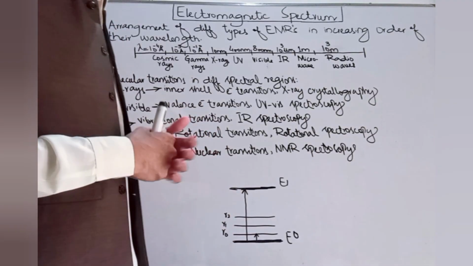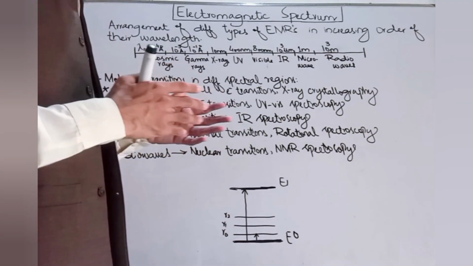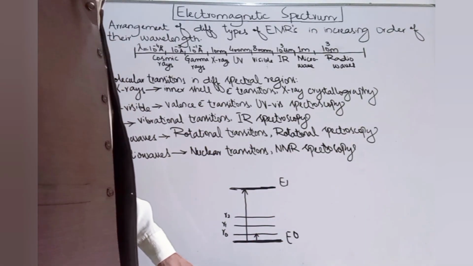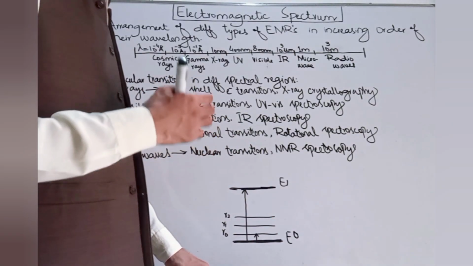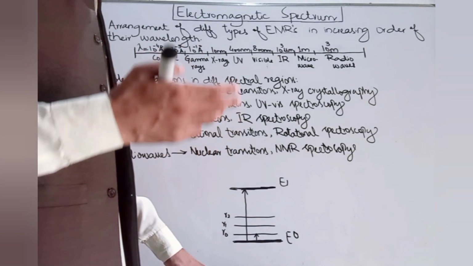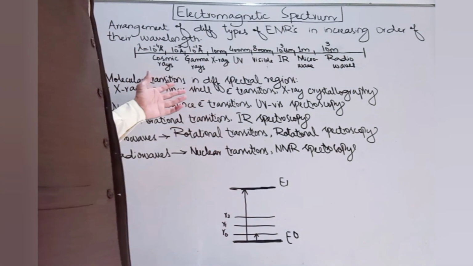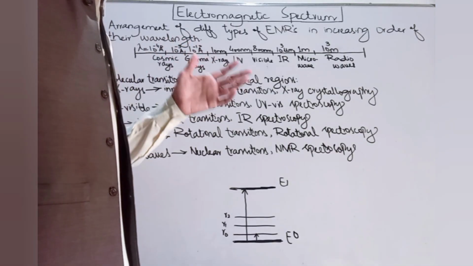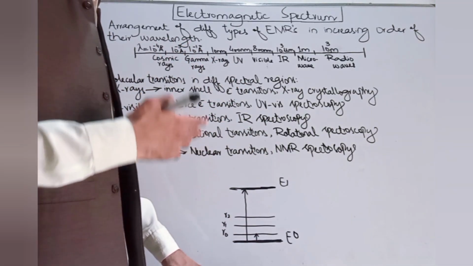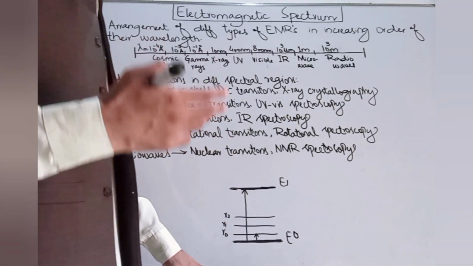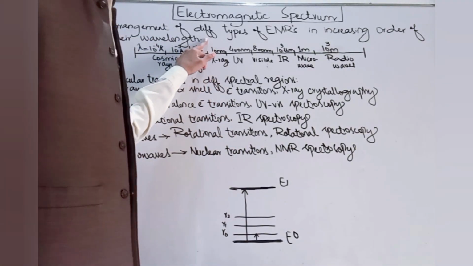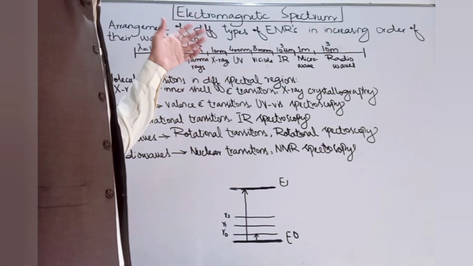In the first introductory lecture of spectroscopy, we discussed that electromagnetic radiations can be characterized by their wavelength, frequency, wave number, and energy. So we can classify them based upon any of these values. The most common type of classification is based upon the wavelength.